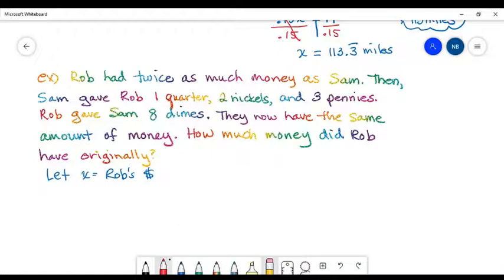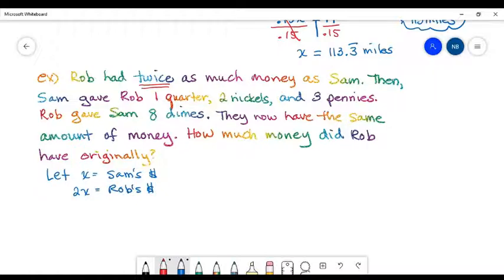Because Rob has twice as much money as Sam, we want to let x equal the smaller amount. It just makes the math a little easier. So we're going to let x equal Sam's money. Then we can translate: Rob had twice as much. The word twice means 2 times. So 2 times x equals Rob's money.